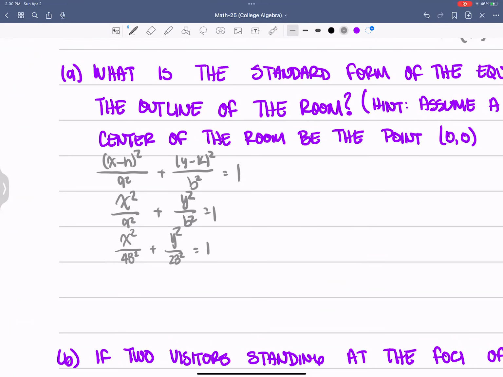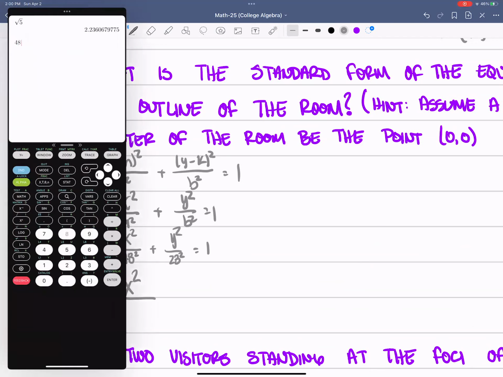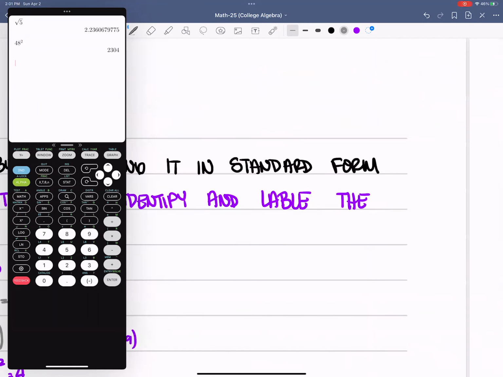Let's figure out what those numbers are. So we have our x squared over 48 squared. Where's our square? There we go. Squared, that's 2304.